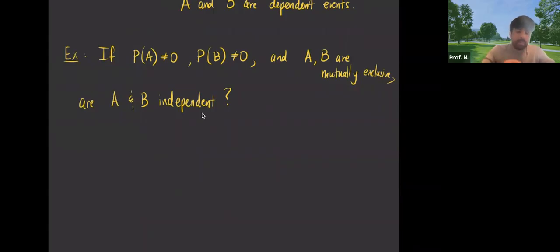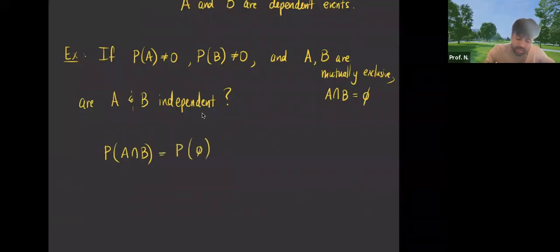If we look at it from a purely mathematical perspective, the probability of A intersect B, well, what do we know about mutually exclusive events? A intersect B is what? The null set, the empty set. So what's the probability of the null set? This is when things are interesting.